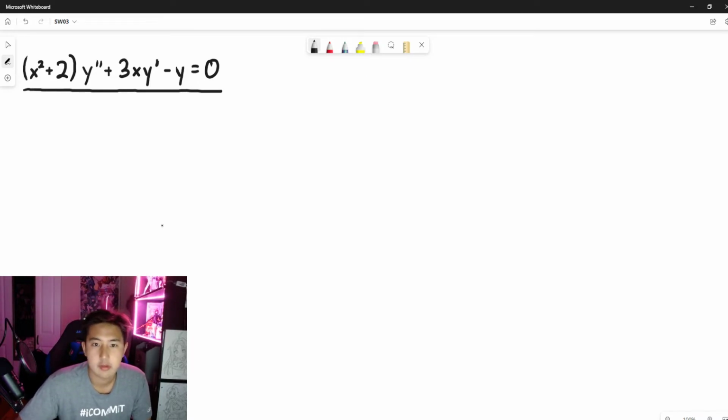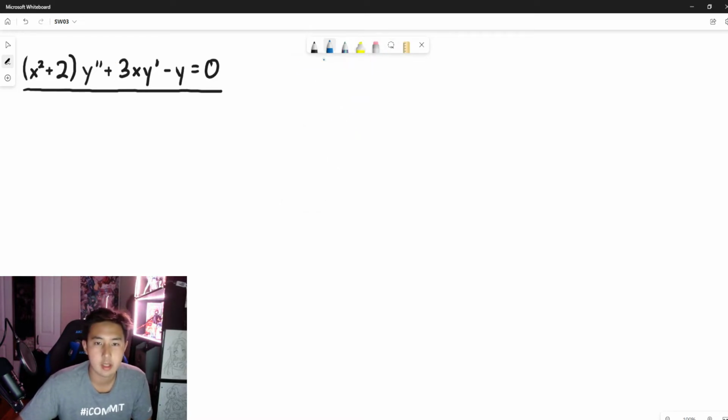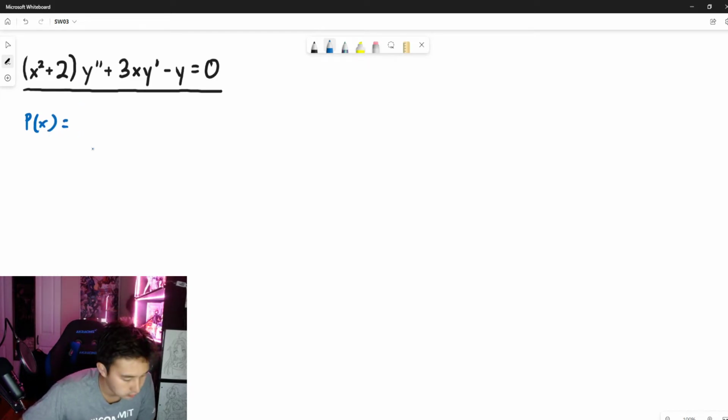But anyway, to solve this, we begin by checking P of x and Q of x to see if the functions are analytic. First we need to take P of x and Q of x. In this case, P of x is equivalent to 3x, divided by the leading coefficient, which is x squared plus 2.